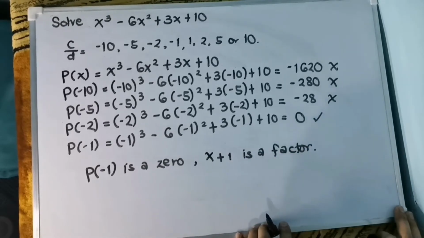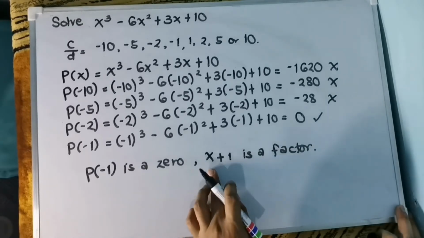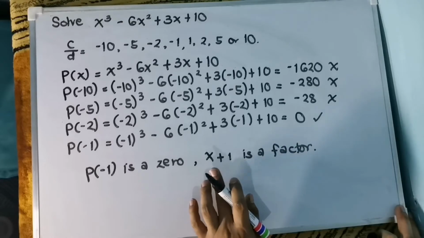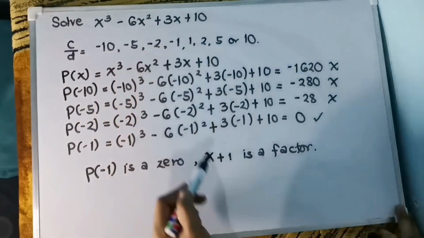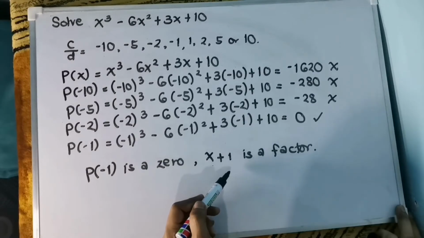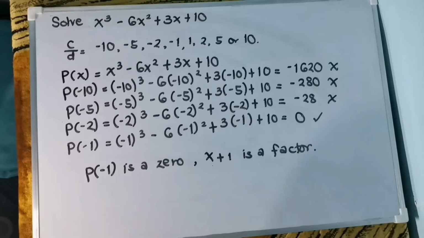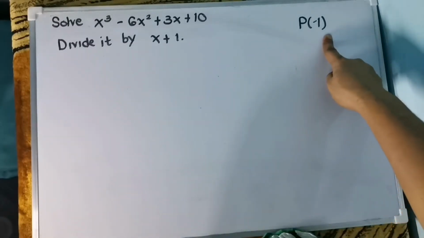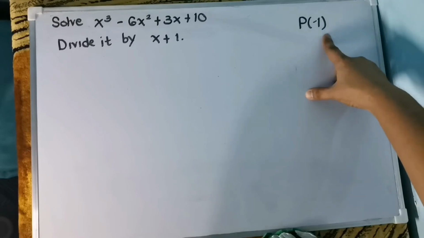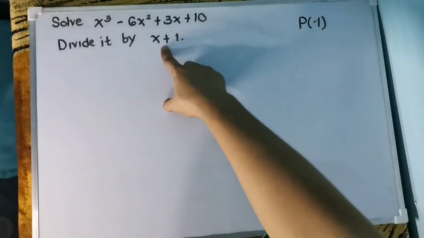So, since nahanap na natin yung isa sa mga 0 at meron na tayong isang factor which is yung x plus 1, pwede nating i-divide itong x cubed minus 6x squared plus 3x plus 10 dito sa x plus 1 to find the other factors. So, yun yung ating gagawin. Ang isa sa mga factors ng x cubed minus 6x squared plus 3x plus 10 ay x plus 1.